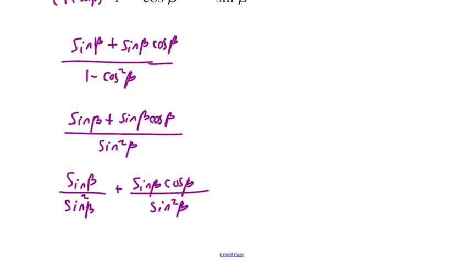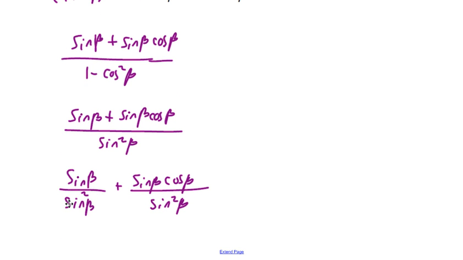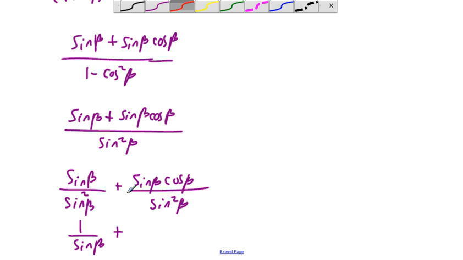Sine of beta over sine squared of beta, that's just 1 over sine, right? So I'm going to do 1 over sine of beta plus, well, one of these sines will cross out with this sine right here, so I'm going to get rid of that too. So now I have cosine over sine.